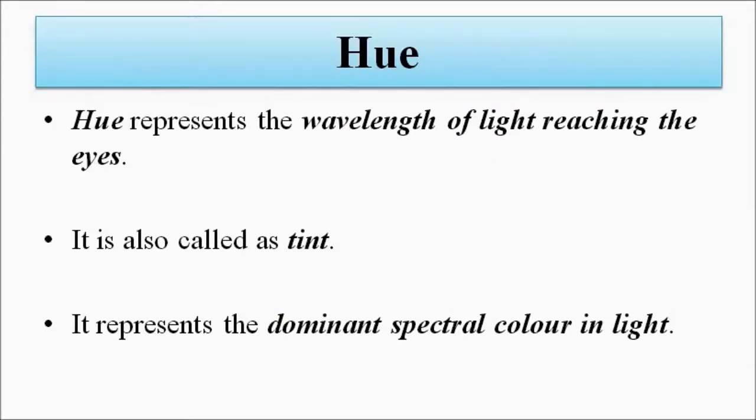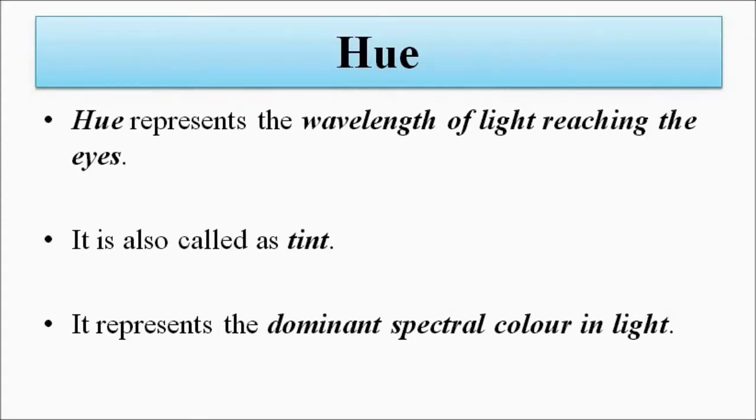So basically what hue means is the dominant spectral color in the light which is coming from an object after it is reflected from the object. Okay, so by dominant spectral color I mean the wavelength of light which reaches the human eye after getting reflected from the particular object.